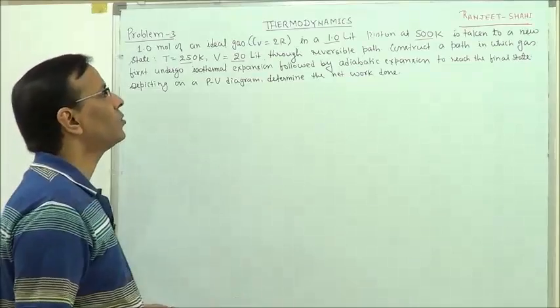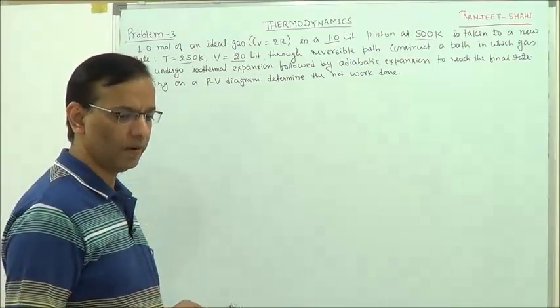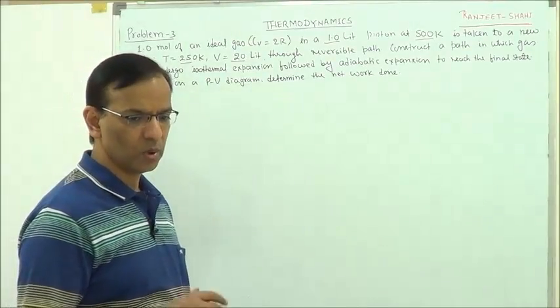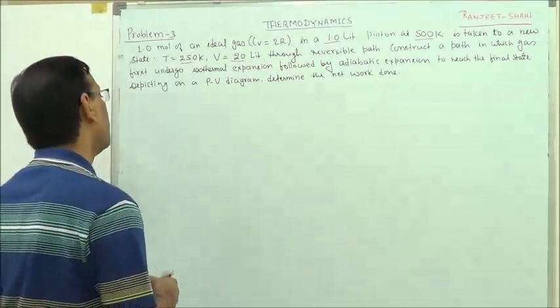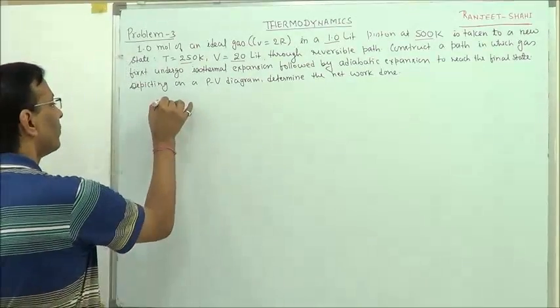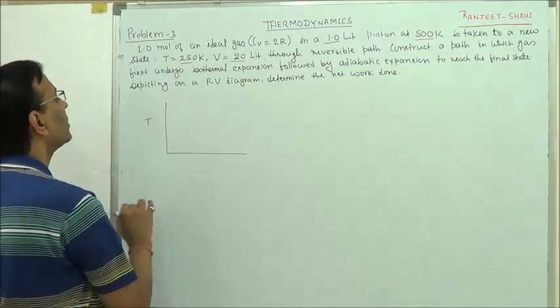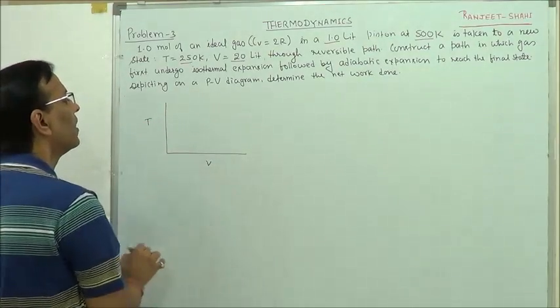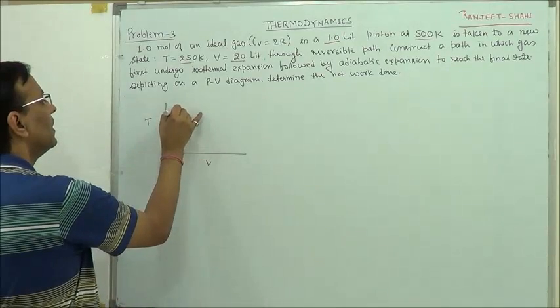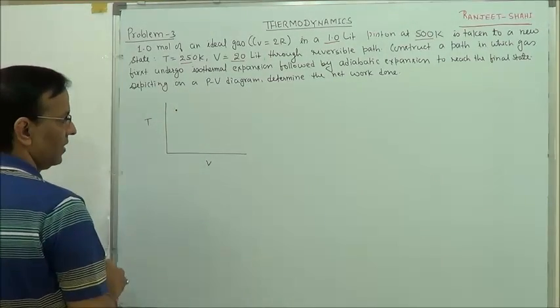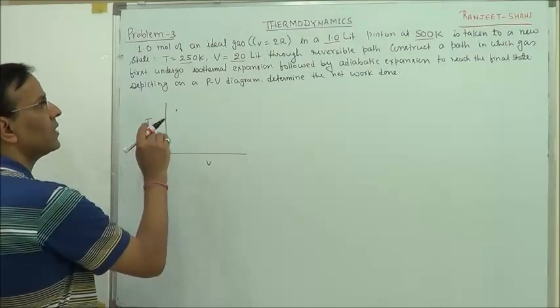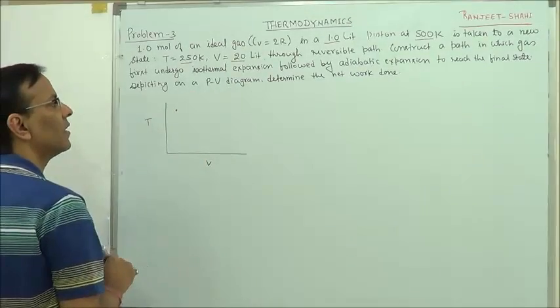It is better first to draw a TV diagram, temperature volume diagram, to understand the situation. What is happening here? If we have temperature on this side, volume here, this is the initial state. First, isothermal reversible expansion.